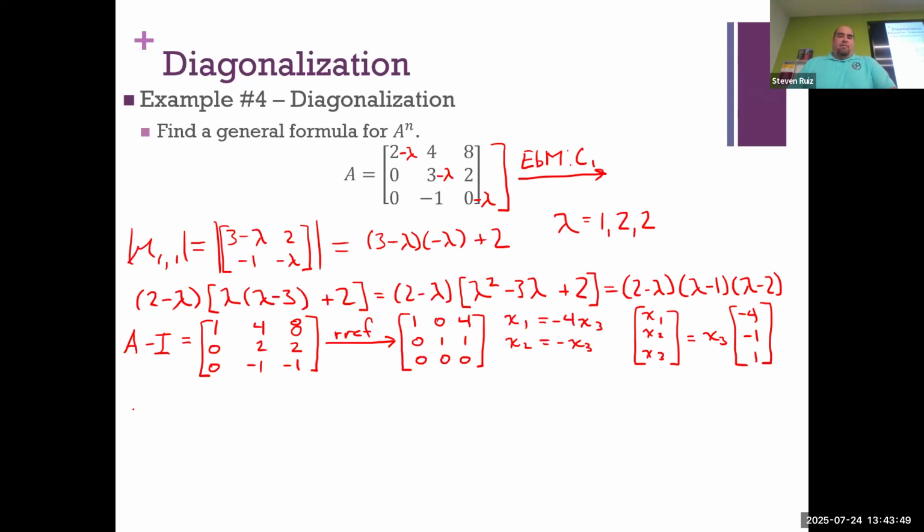All right, then what about a minus 2i? 0, 4, 8, 0, 1, 2, 0, -1, -2. I think I can see how that's going to reduce.